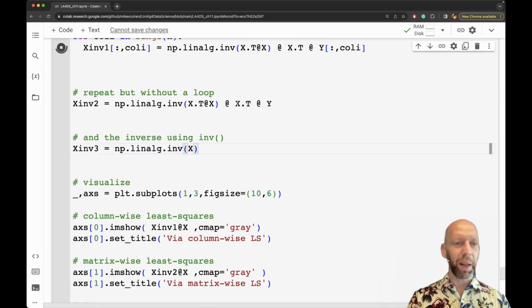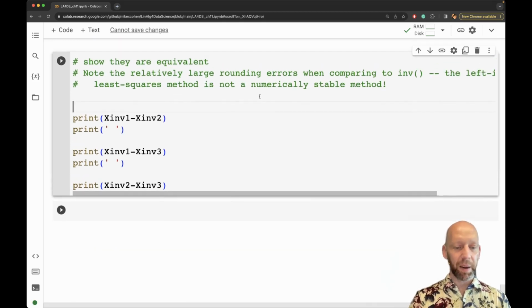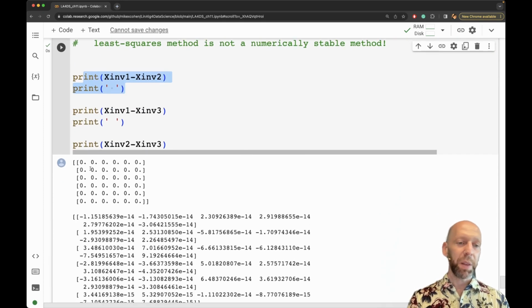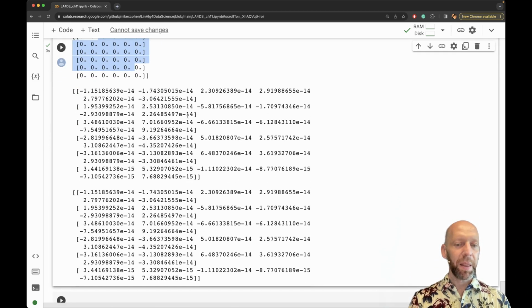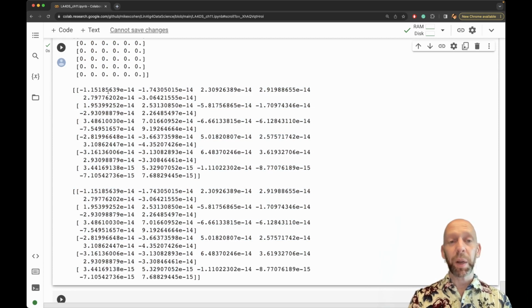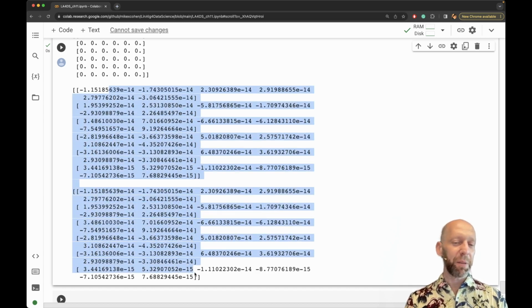Okay, and then here I plot all three of these. And then here I'm just showing that they are equivalent. So here we expect these to be zeros. These two are exactly zero. So whether we use the least squares method column-wise or matrix-wise, that ends up being all zeros. And then here you see these are near zero rounding errors. Sometimes we see rounding errors smaller than this, like 10 to the minus 15 or minus 16. Here, these are around 10 to the minus 14 to minus 15.